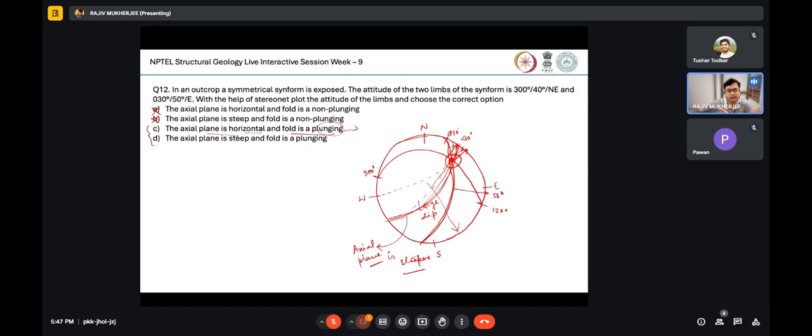I just saw the last word written as plunging, non-plunging, so I thought that option C is considering a plunging fold. But now I see that option C says that the axial plane is horizontal. That means it is a recumbent fold. So in that case, there won't be any plunge amount. So that means it's a neutral fold. So of course, option C is eliminated, and eventually option D is correct. Exactly. So the axial plane is steep and it is plunging. The fold is plunging.